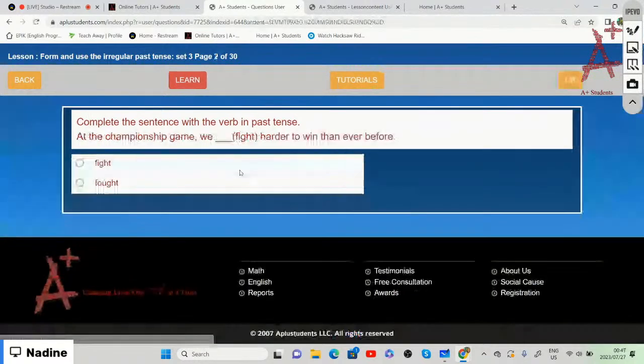If you have bought, then well done. At the champion game, we fight harder to win than ever before, or we fought harder to win than ever before. We need to choose the verb in the past tense.